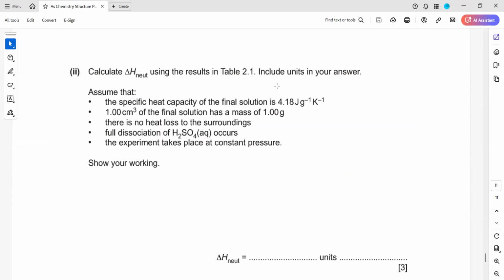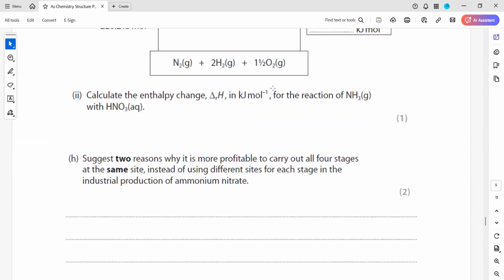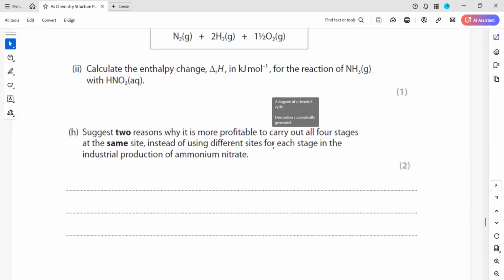Part H, they are asking why this reaction should be done at one site only. Why should separate sites not be used? If we do everything at one site, first it reduces the transportation cost. For example, first you manufacture ammonia, then you react ammonia at another site with oxygen to form nitrogen oxide, then the nitrogen oxide is transported to another place to react and form nitric acid.